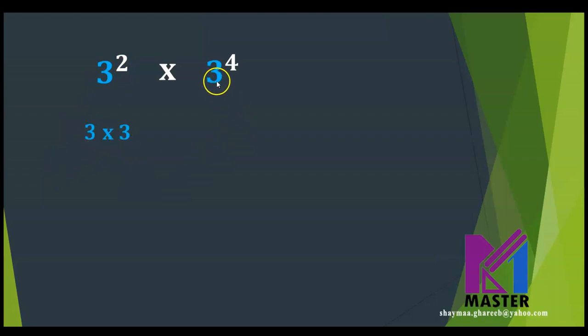And I can write 3 to the power of 4 as 3 times 3 times 3 times 3, which is multiplying the 3 by itself 4 times. So when you look at the whole sentence together, I will find that I am multiplying the 3 by itself how many times? 6 times, as you can see.